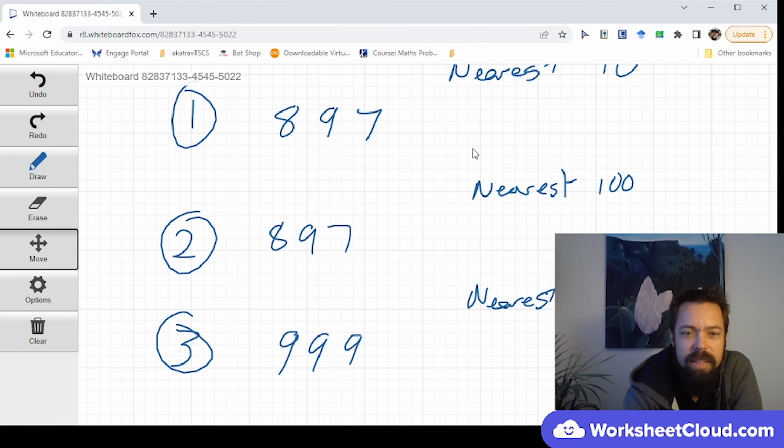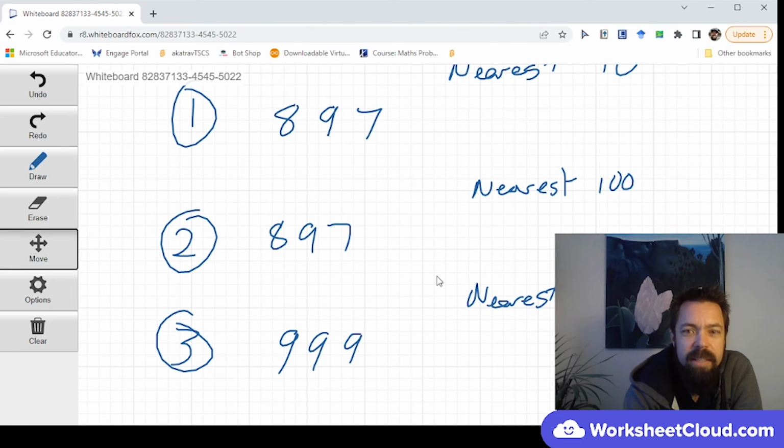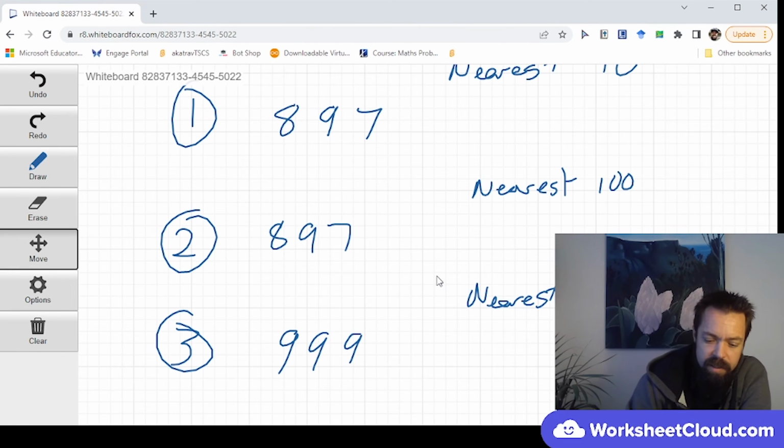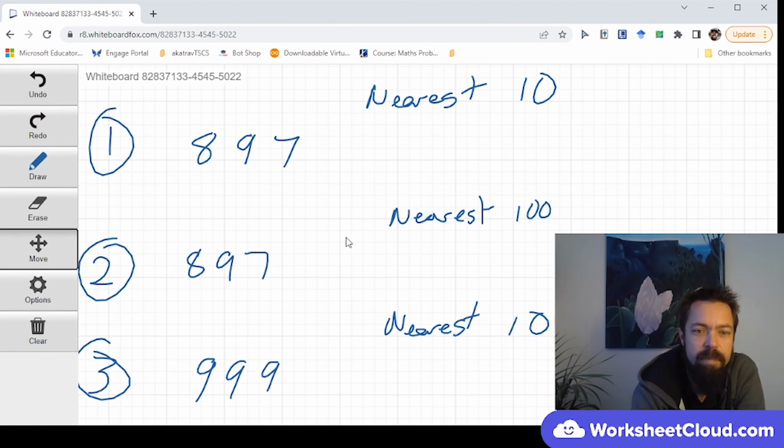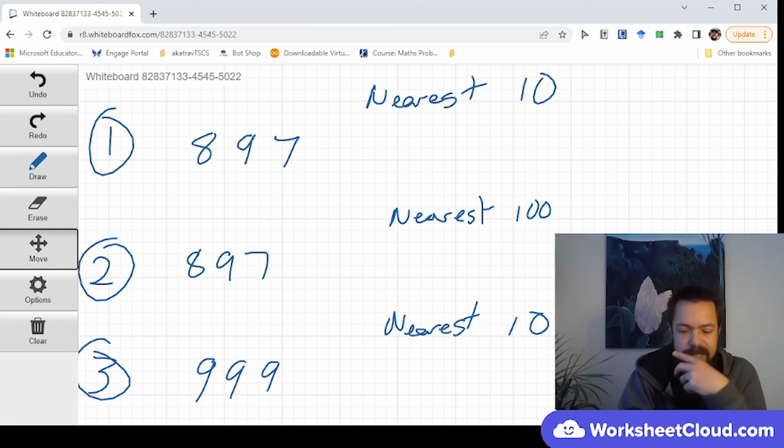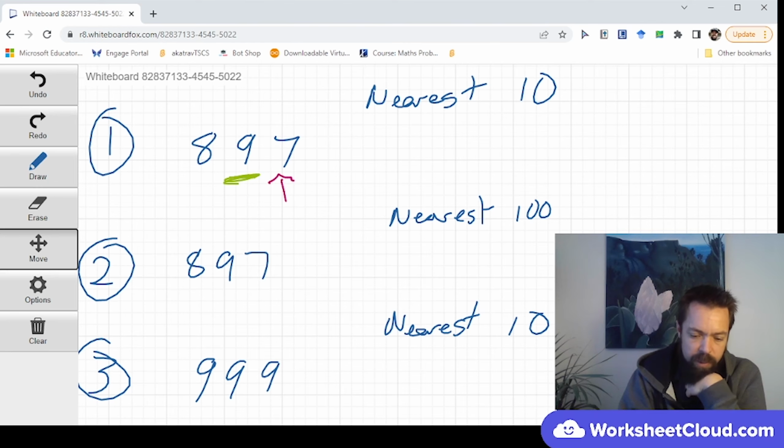Okay, I've got a few here to look at where things get a little bit harder, but it follows very much a similar pattern to what we've been doing so far. I'm rounding off the first one to the nearest 10, which means I'm looking at my tens column. I'm going to have to look at the number to the right of that to see if we go up or down. 7 is going to round up.